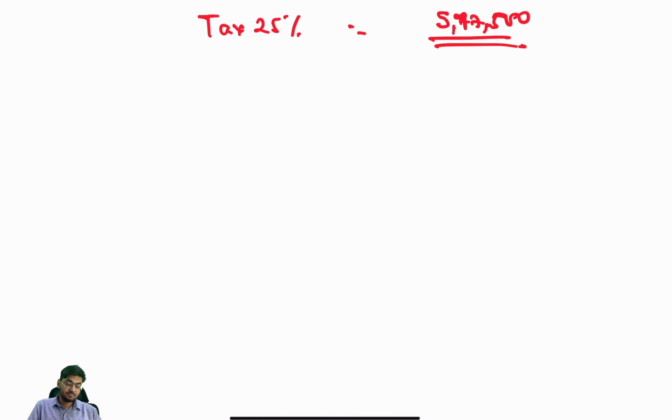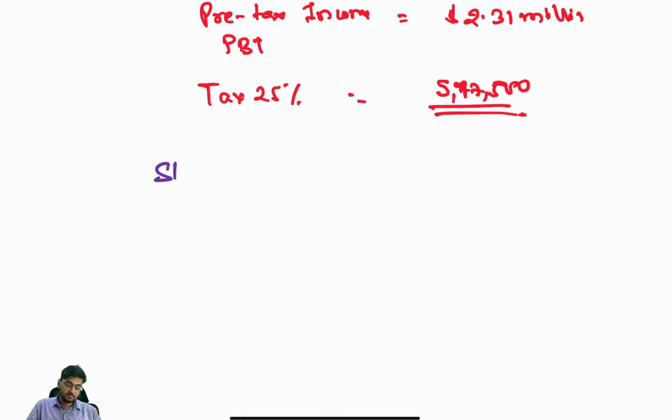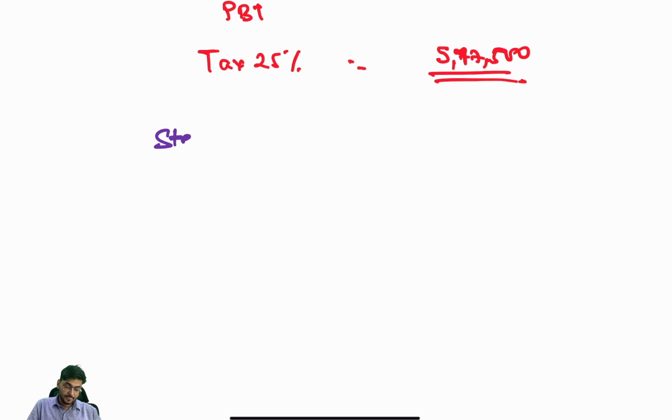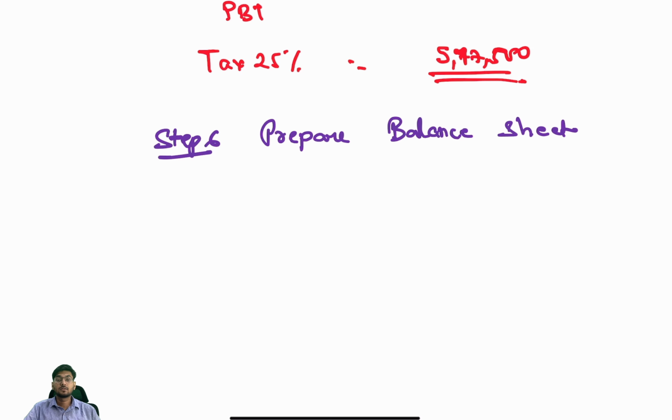After that, step 6. You have to prepare the balance sheet. Now you need to adjust all your working capital items first of all, like accounts receivable, inventories, payables. Clear?